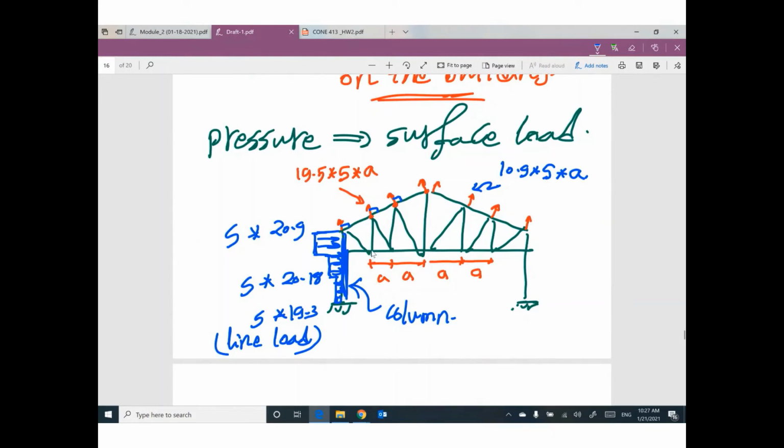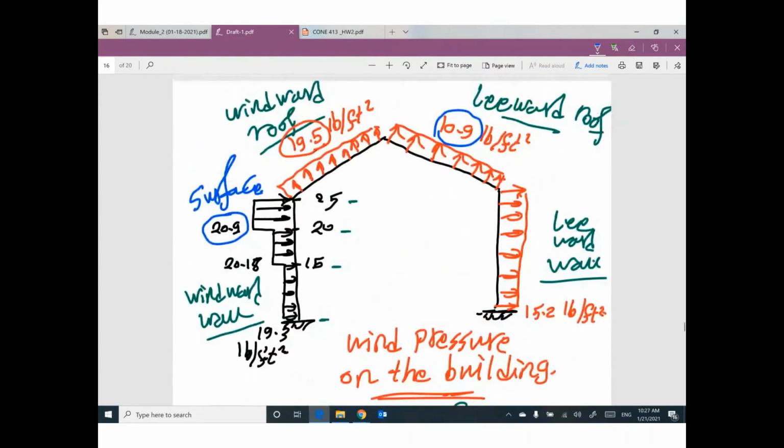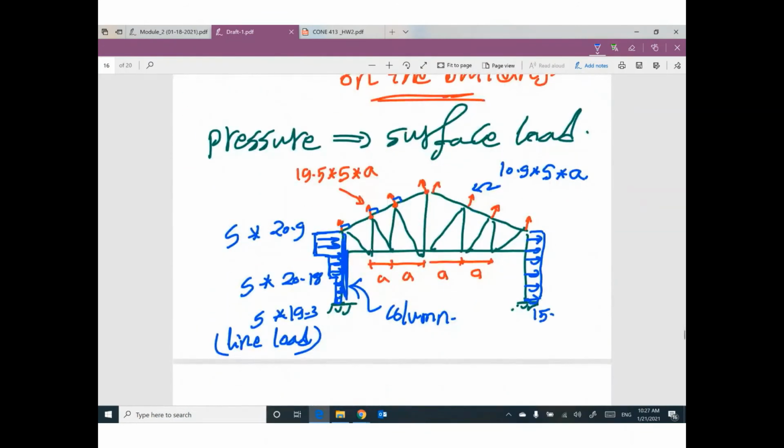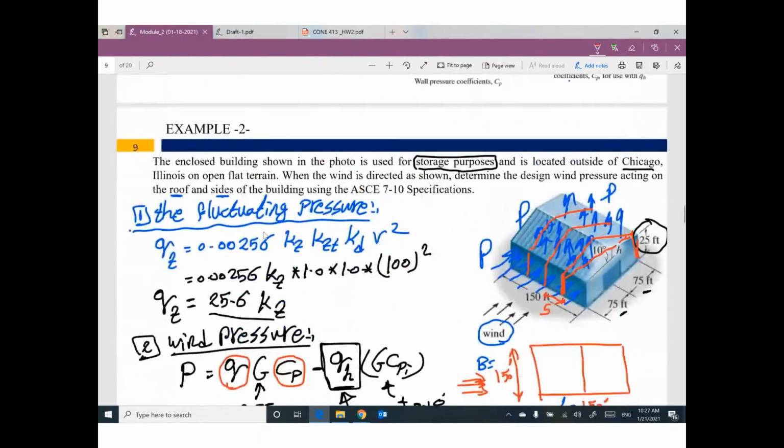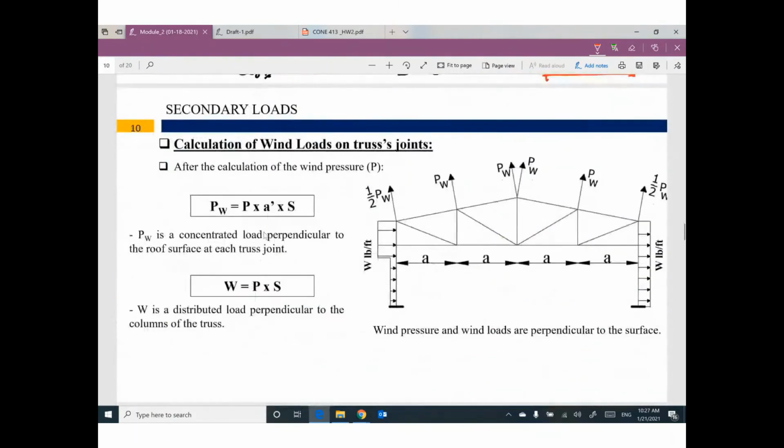We have another line load here, which is suction. How much? This pressure, 15.2, times S. So guys, after you calculate the wind pressure, this wind pressure must be multiplied by S times A, not A prime. No, it's A because it's a horizontal projection.